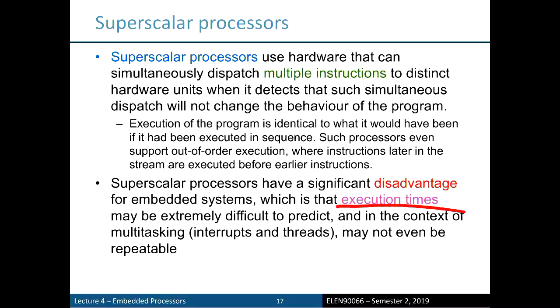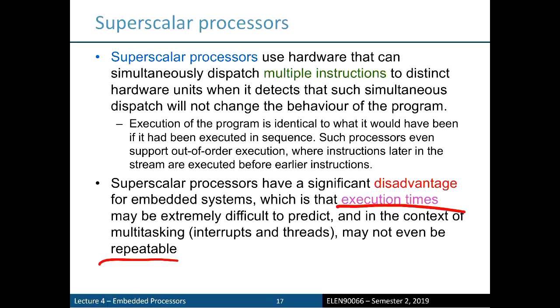If you think about threading, we won't go into threading, but having multiple things happening concurrently, seemingly concurrently, the timing essentially becomes totally unpredictable. Even worse, you may not ever be able to repeat something ever again.